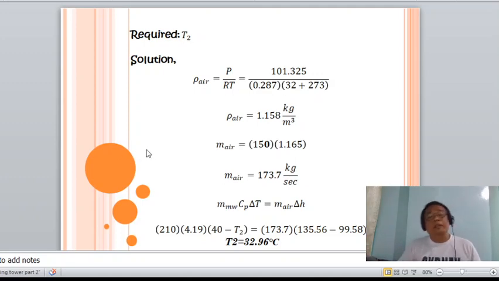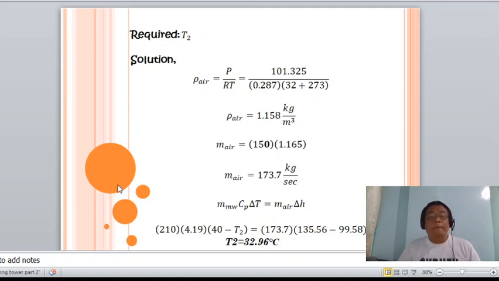So, we can equate now that. Okay? Knowing that the mass is 210, the specific heat of water at constant pressure is 4.19, the initial temperature of water entering the tower is 40, and the temperature of cold water is unknown, and the mass of the air is 173.7 multiplied by the change in enthalpy.